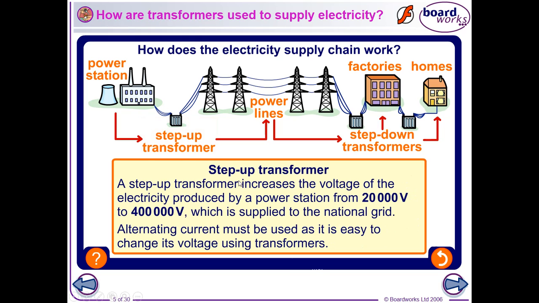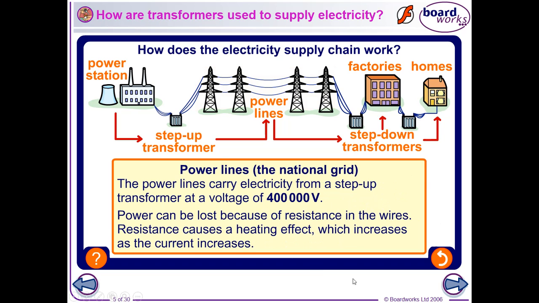So we have a step-up transformer that takes 20,000 volts to 400,000 volts to put into the power lines, and what that will do is reduce the current, so reduce the heating effect and reduce the energy that's being lost. So 400,000 volts travelling through the power lines maximum: low current, very high voltage, which means less energy lost.